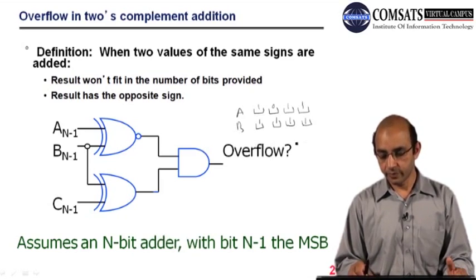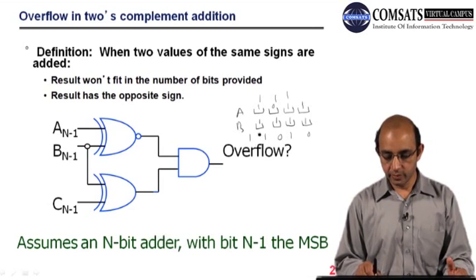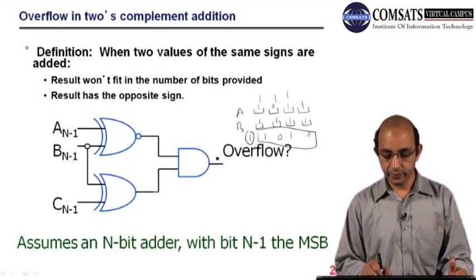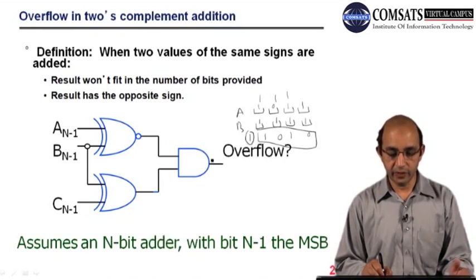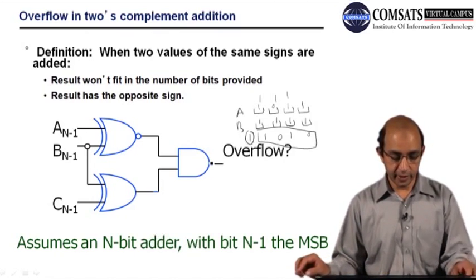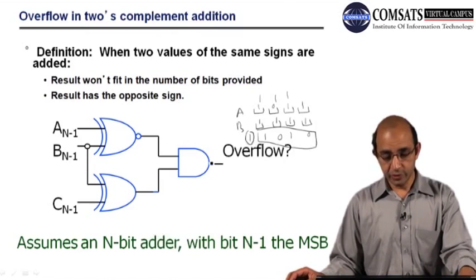So what will happen? 0, 1 carry, 1 1 0 1 1 carry, 0 1 carry, but I have 4 bits, so I cannot store this extra bit. So in that scenario we say that we have an overflow situation, and we have to handle that situation.